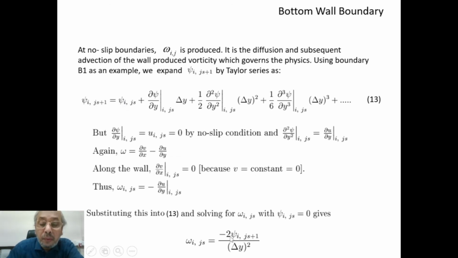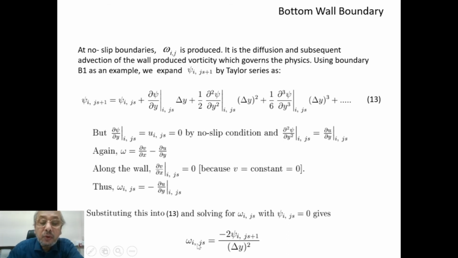So omega I js equals minus twice psi I js plus 1 divided by delta y square, if you properly take care of the sign.